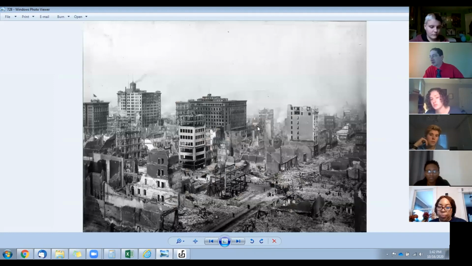Here's San Francisco, 1906. There was a very big earthquake then, and it actually didn't destroy the buildings, but it caused a fire that then destroyed them. We've, of course, rebuilt San Francisco, and we now have very stringent building codes, particularly near the fault lines. So our buildings should be able to withstand pretty major earthquakes.